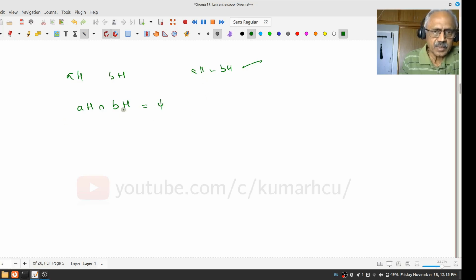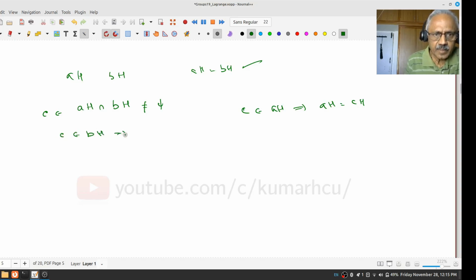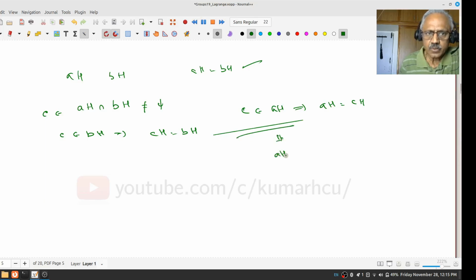Suppose it's not empty. That means there is a C in the intersection. But C belongs to AH, that means AH is the same as CH. And similarly, C belongs to BH, that means CH is the same as BH. These two things put together imply AH equals BH. Is that clear?